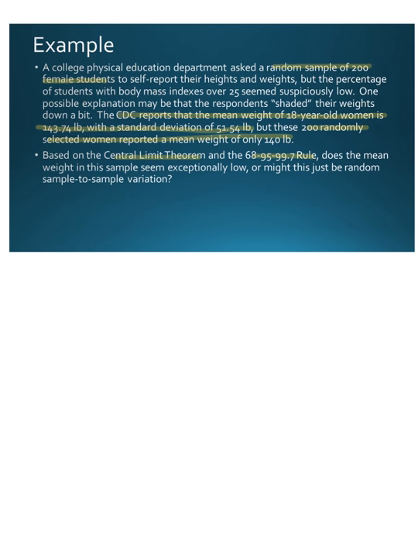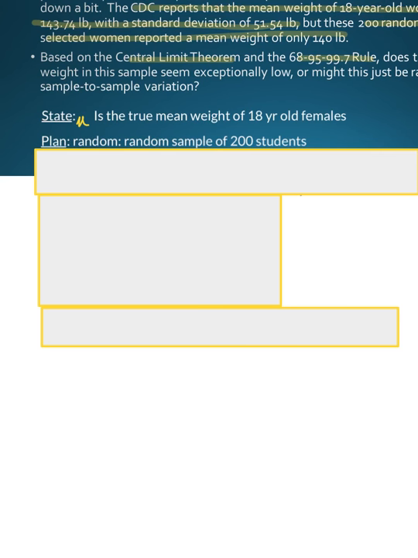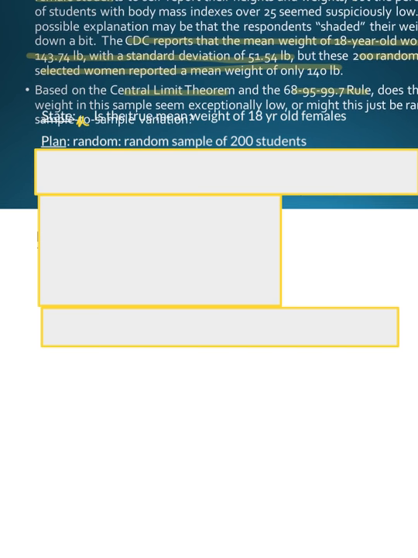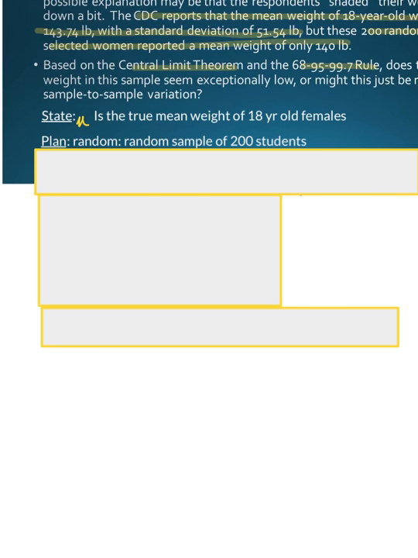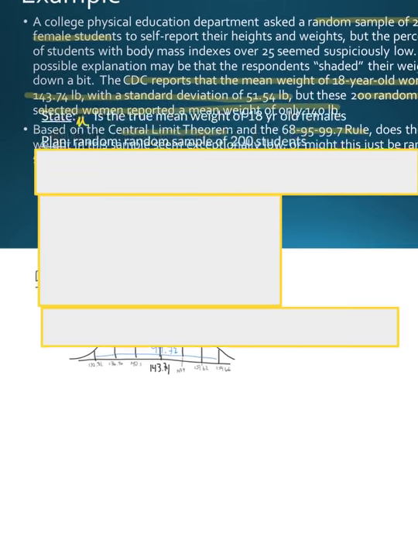First step is our state step. For the state step, we're going to say mu is the true mean weight of 18-year-old females. Now, once we get to the plan step, remember the first one? We have to state that there is randomness, and we know there's randomness because, if we look back up at the problem, it says a random sample of 200 female students.